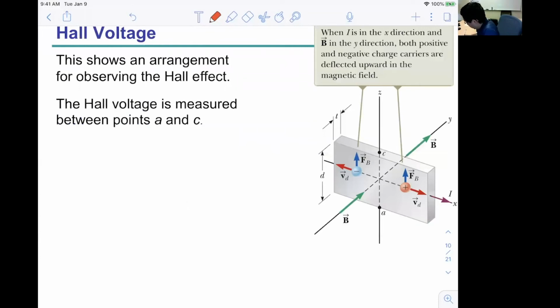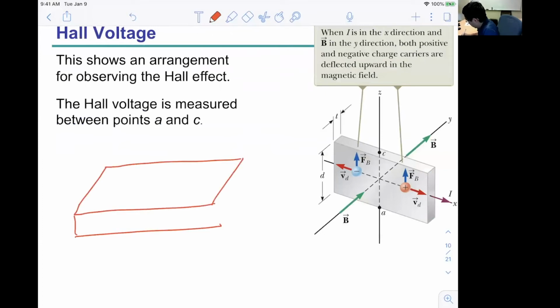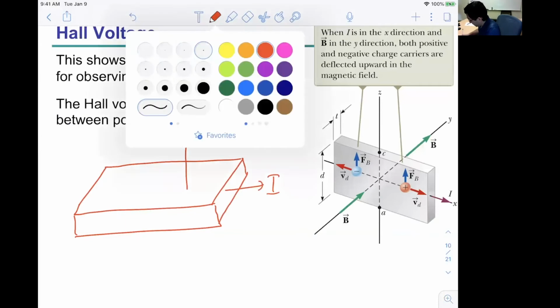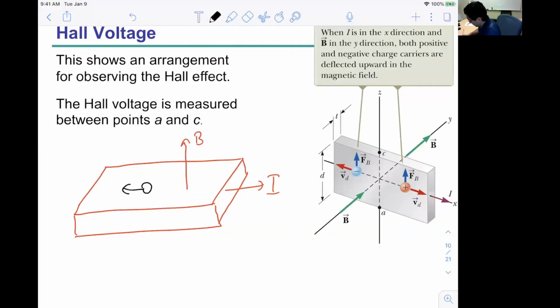So let's try to understand this. Let's say you have a film, and I'm imagining it as a three-dimensional slab. You have a current, and let's say you apply a magnetic field in the perpendicular direction. If the current is moving in that direction, the electrons are going to move in the opposite direction, right?